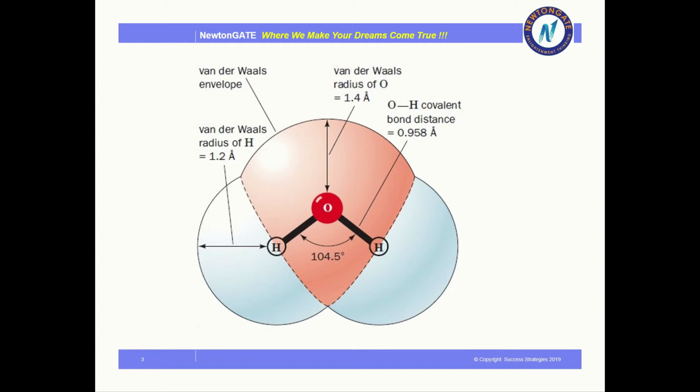What is this van der Waals envelope? It is the surface. This is the van der Waals surface. It represents the surface through which the molecule might be interacting with other molecules. At this envelope, this water molecule might be interacting with other molecules, okay?